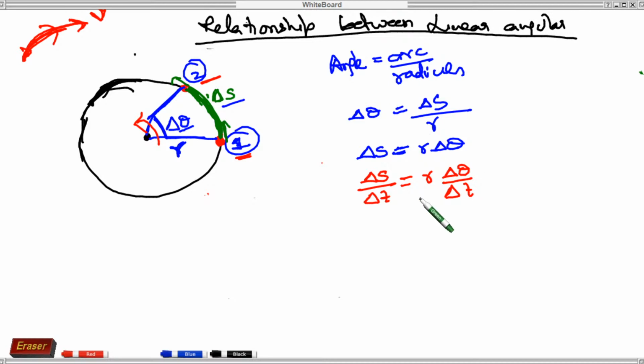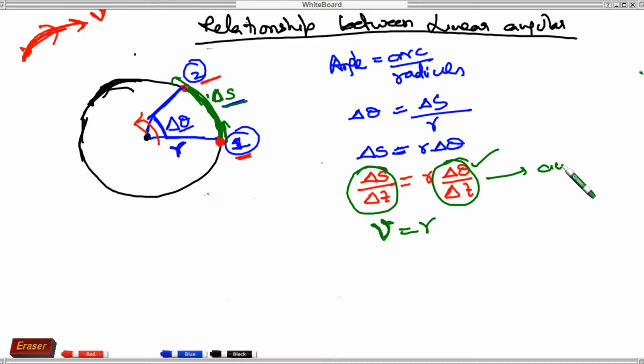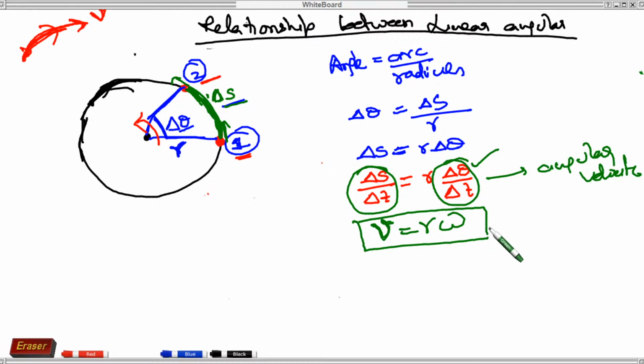So delta s over delta t is the linear velocity, that is distance upon time. And delta theta over delta t is the angular velocity. So this is the relation between linear velocity and angular velocity.